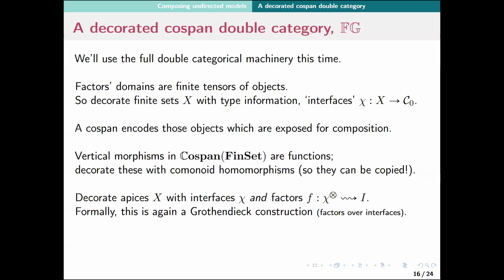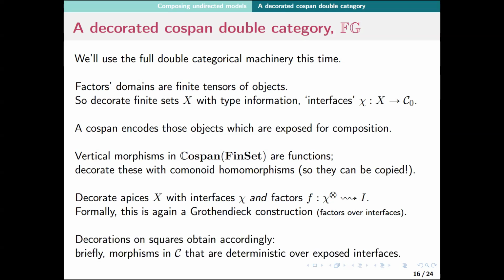Then we've got co-spans, so they've got two legs and an apex, and we decorate the apices with both interfaces, which are these type decorations, and then factors on the tensors of these decorations. So then we've got this kind of double decoration going on. And decorating usually is a sign that you've got a Grothendieck construction, and indeed we've got two Grothendieck constructions, one over another. There's a lot going on, but we have these squares, and now we've got morphisms in the apices as well.